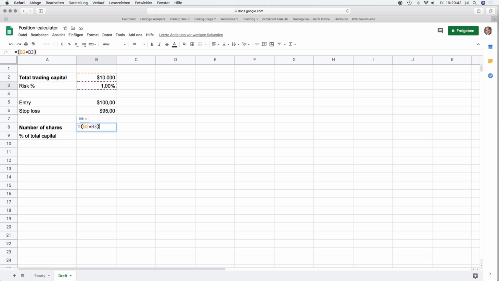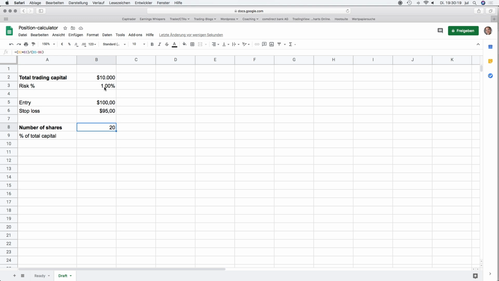In that case here, you multiply the fields B2 with B3. So very simple. And now you have to divide it through the risk per share. And the risk per share is the entry minus the stop loss. In that case, it's B5 minus B6. And if we now press enter, you can see very simple, you can trade 20 shares.